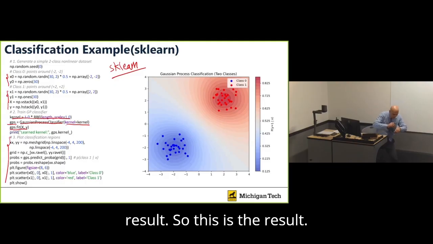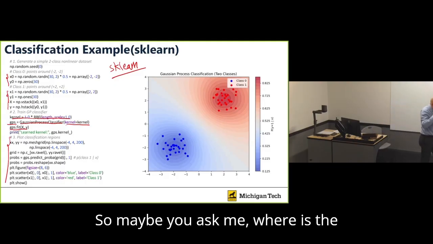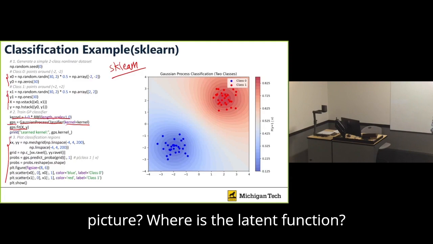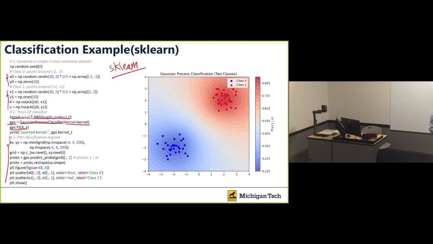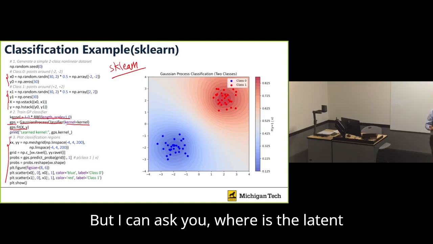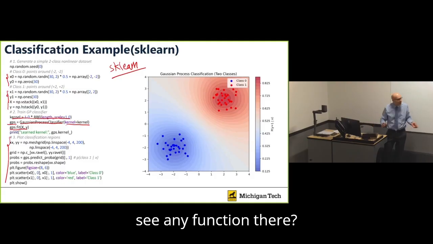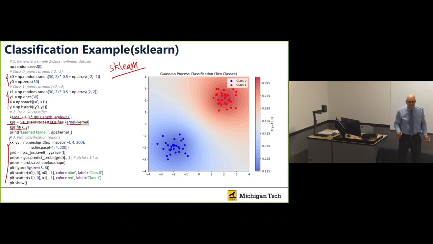So this is the result. Maybe you ask me, where is the latent function in this picture? But I can ask you, where is the latent function in this picture? You see any function there? It's two-dimensional.